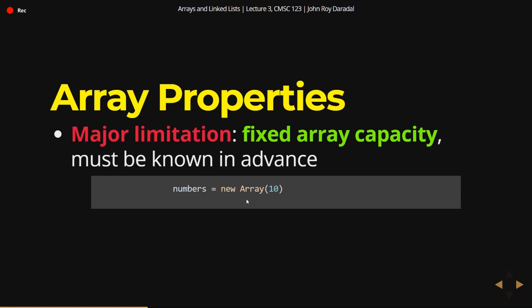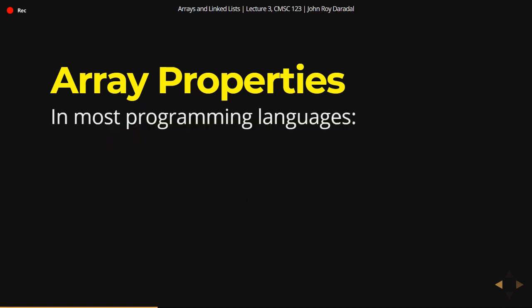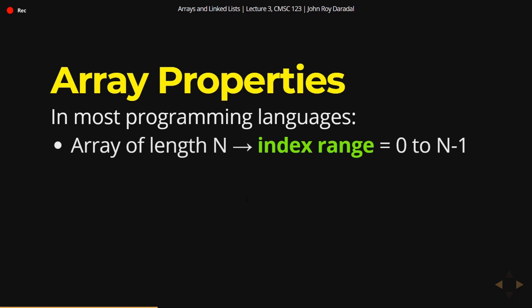So you've probably done this in your C arrays earlier in your ComSci 21, wherein when you initialized your array, you need to specify the capacity, right? So that's the limitation of array. In most programming languages, an array of length n will have an index range from 0 to n minus 1. So if, for example, you have 10 items, the index would only be from 0 to 9.